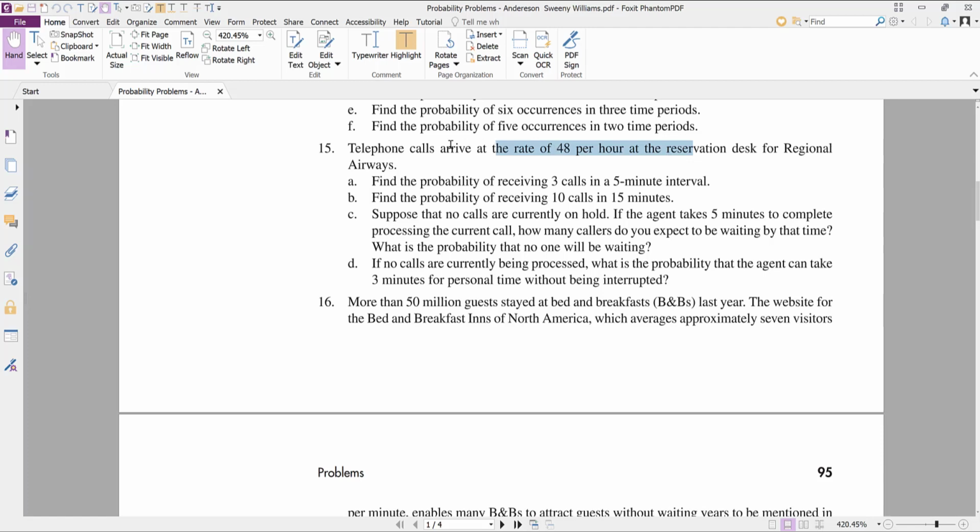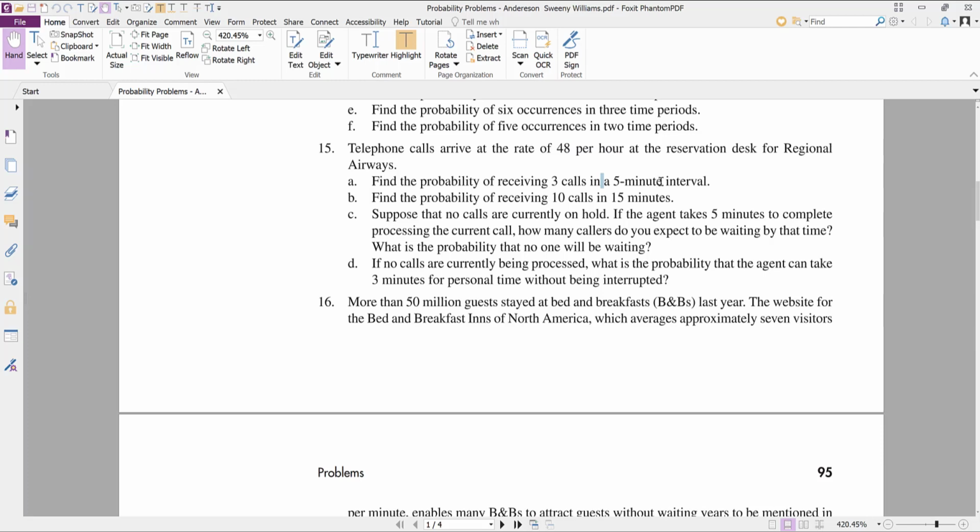For example, over here the mean is given per hour, which means 48 calls arrive per hour, and then all questions are about a minute, 5 minutes, and then 15 minutes, like that. So for this purpose, we need to make this interval the same, because we will be using both. So this interval time unit and this one should be the same.